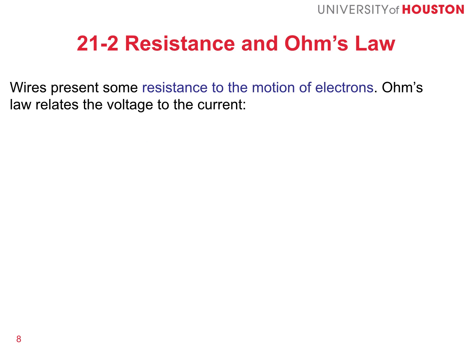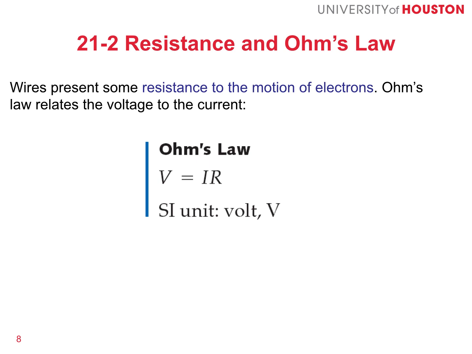Ohm's law helps us relate the resistance to the potential difference in the circuit and the amount of current that's flowing, and it's shown by the equation on the slide. V is the potential difference, I is the current flow, and R is the resistance. It's clear from this equation that when R is big, I, which is the current flow, will be small for a fixed potential difference.